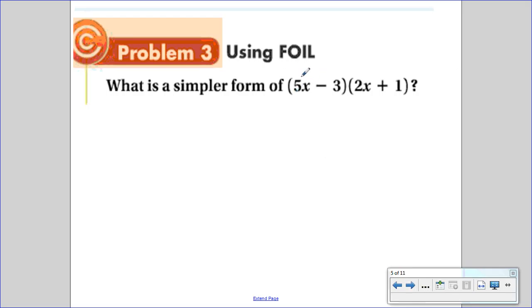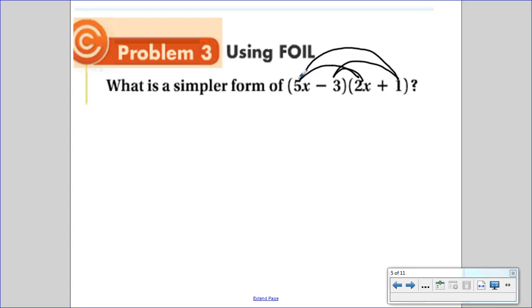Here's how that works. So FOIL. First is your first terms, this term and this term first. Then the terms on the outside, right? Outside 5x and 1. Then the ones on the inside, negative 3 and 2x. And then the last terms. This is the last term, this is the last term. Like that.